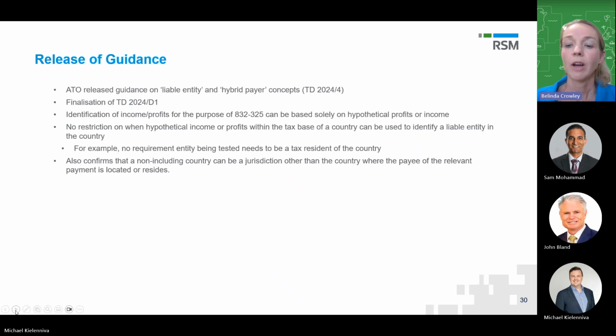And it also clarifies that a non-including country can be a different country to the country in which the payment is made. So what that's saying is that when you're looking to see whether there is a non-including country, you don't only look at the location of the recipient of the payment. You need to look at all countries to see whether it could possibly be included anywhere, which is obviously a very onerous task for anyone faced with meeting these provisions.